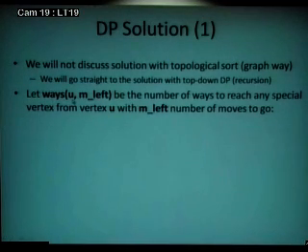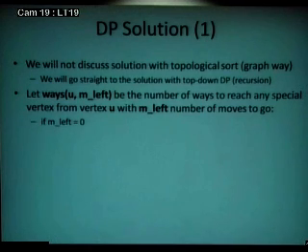Here I have ways U, where U is the vertex number, comma M left. So the additional thing is comma M left, right? This is the only additional thing. So let this be the number of ways to reach any special vertex, or reach the destination, from vertex U with M underscore left number of moves to go.